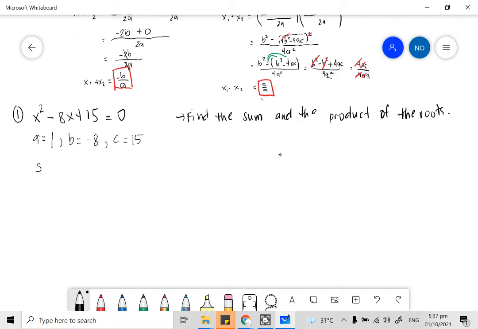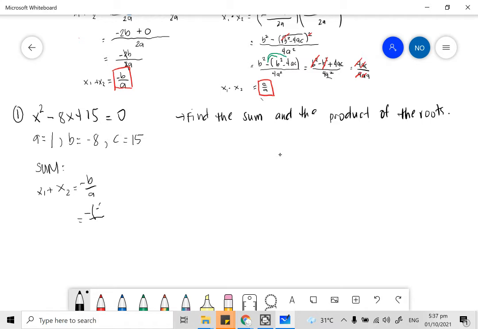Ngayon, ang gagawin natin, apply lang natin, class, yung formula. Hanapin muna natin yung sum. Okay, sum muna tayo. So, the formula, we have x of 1 plus x of 2 equals to negative b over a. Ang pinaka-importante lang sa formula na to, class, ay yung negative b over a. Nakuha? Yan yung pinaka-importante. Nilagay ko lang yung x of 1 plus x of 2 para makita nyo na yan ay sum. Now, negative b, so we have negative times the value of b.